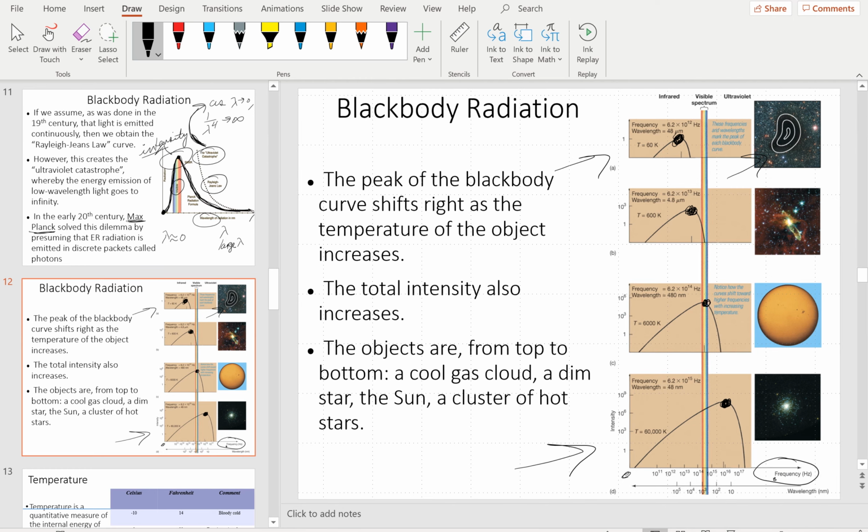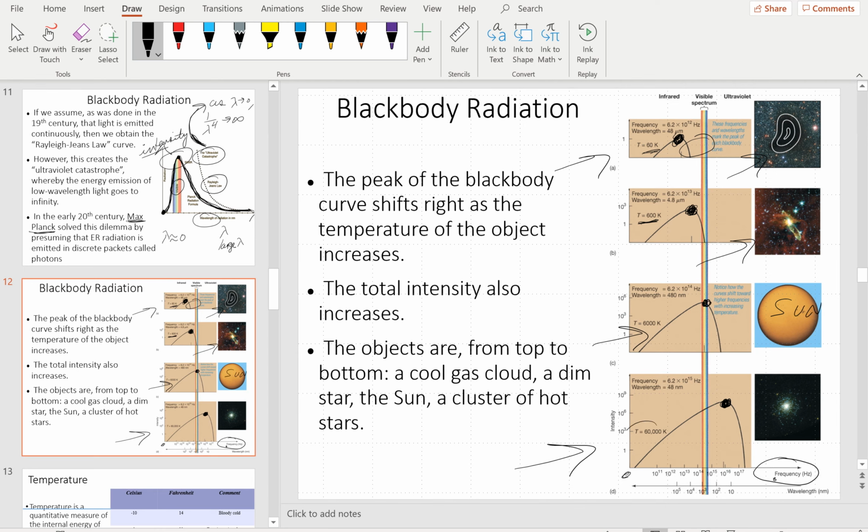So notice that the Planck radiation peak is to the left of the visible spectrum, which is the vertical line that has the red and orange and blue. And then as we look at objects with larger and larger temperatures, so as we go from 60 Kelvin to 600 Kelvin, we see that the peak moves to the right toward higher frequencies. Then this is the sun. So we see that the peak corresponds to the visible part of the spectrum, roughly.